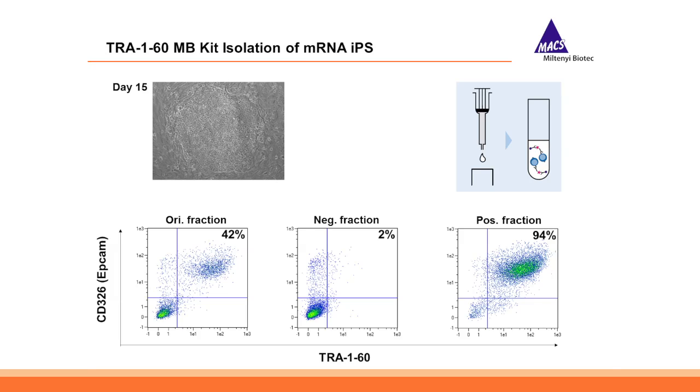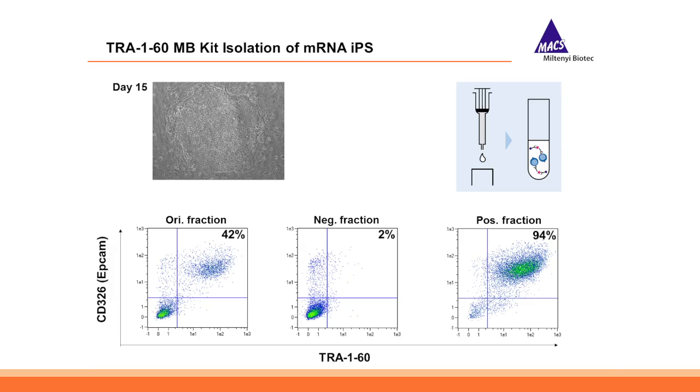And this we have done over here and also analyzed with our flow cytometer. What is displayed in these plots is two markers. At first TRA-1-60 for pluripotency, and here the EpCAM marker, which also serves as a pluripotency marker.